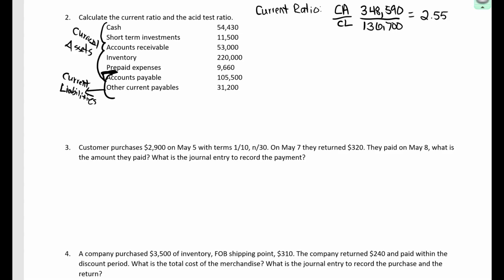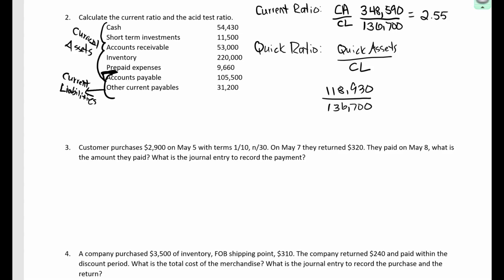Okay, now let's look at the quick ratio. Your quick ratio is a little different. It is your quick assets over your current liabilities. And this is 118,930 all over 136,700.